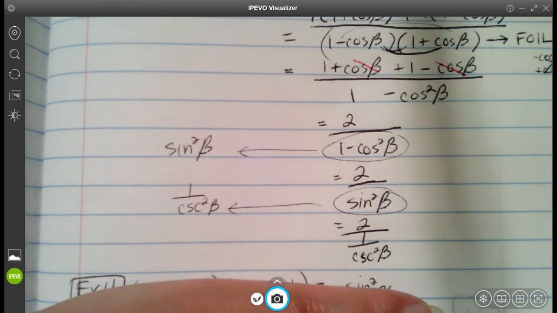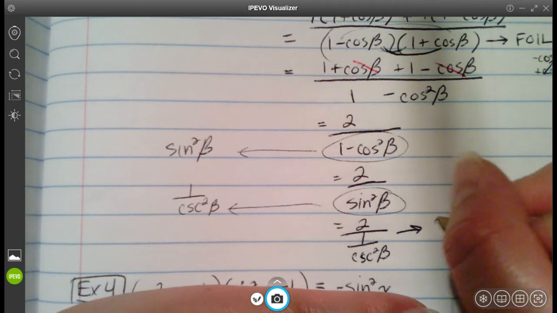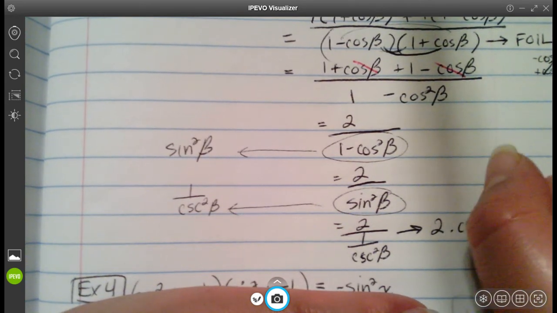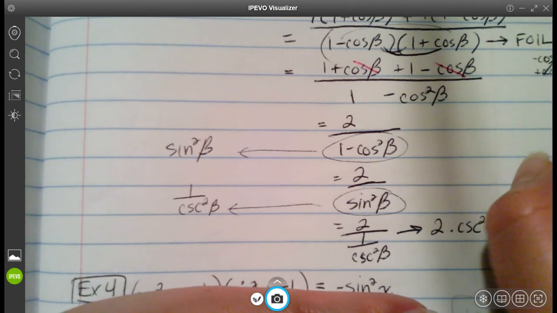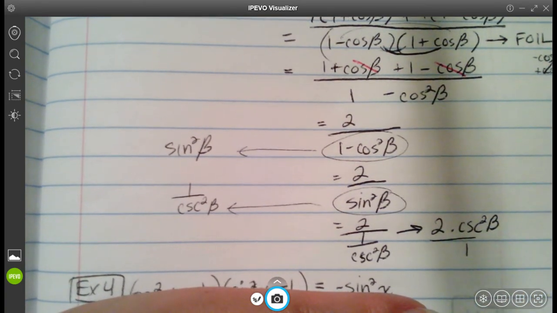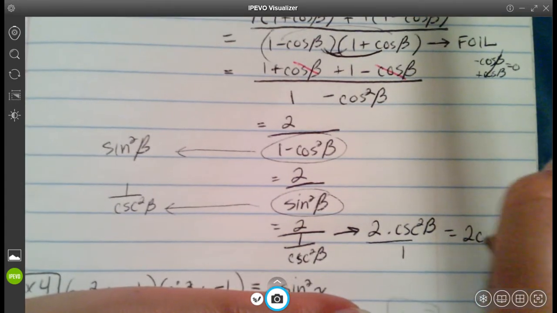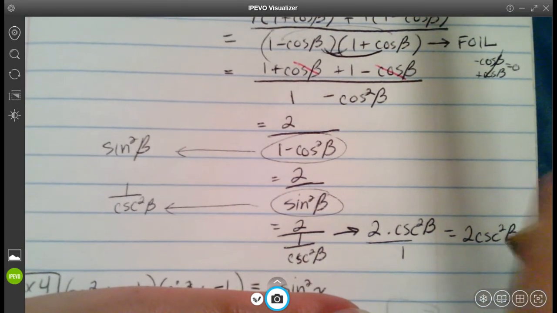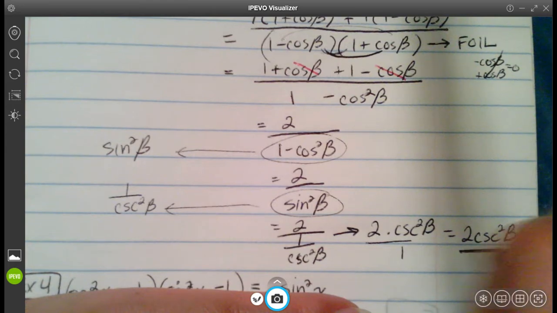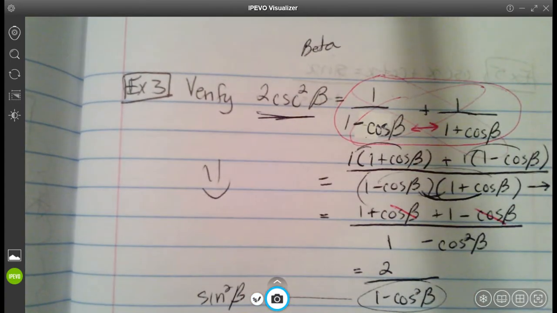Ignore this problem for now, which means that if I go ahead and do my keep-flip-change, I get 2 times cosecant square beta over 1, which is just 2 cosecant square beta. And this is what I wanted up here. So we are done.